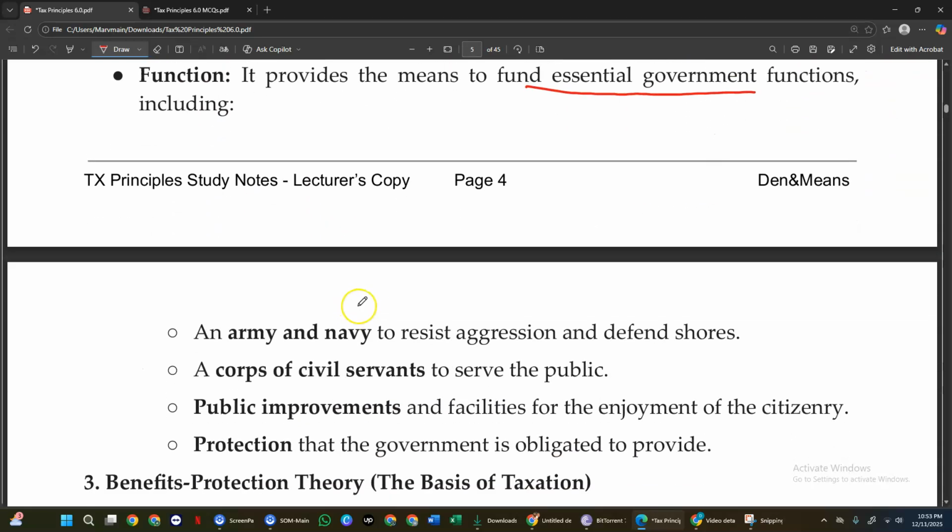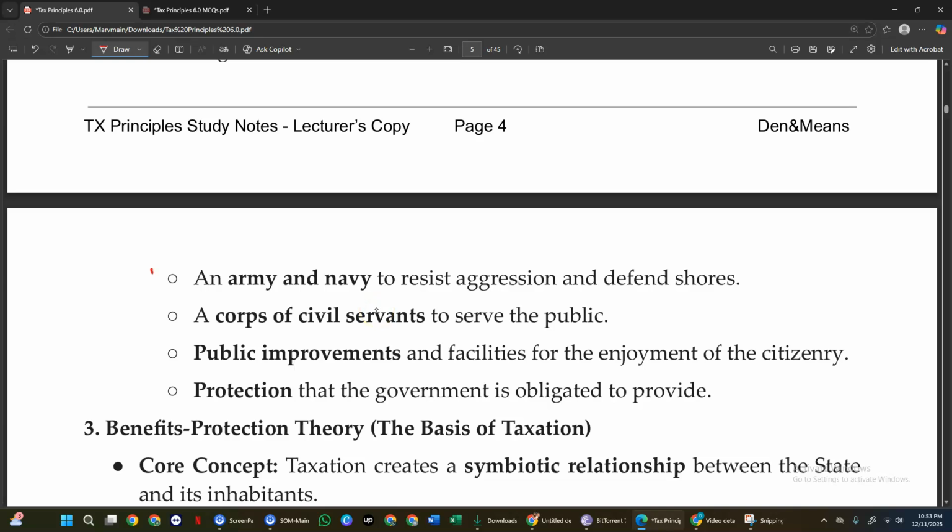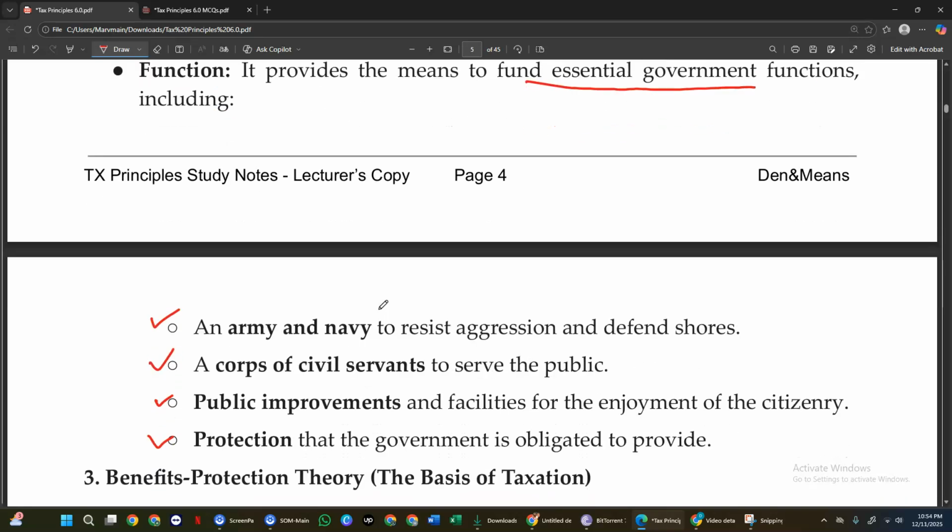These are among the public needs of why we have to raise taxation: public improvements, protection, education, infrastructure, utilities. Everything you can see that has to do with services coming from the government is the result of taxation, which enables the function of the government.